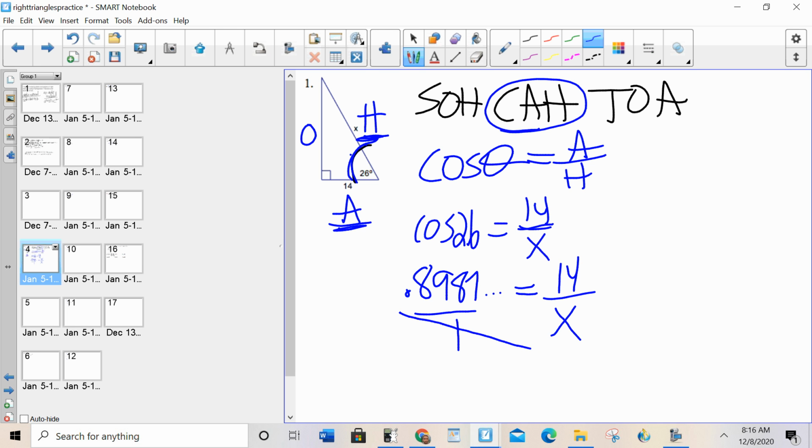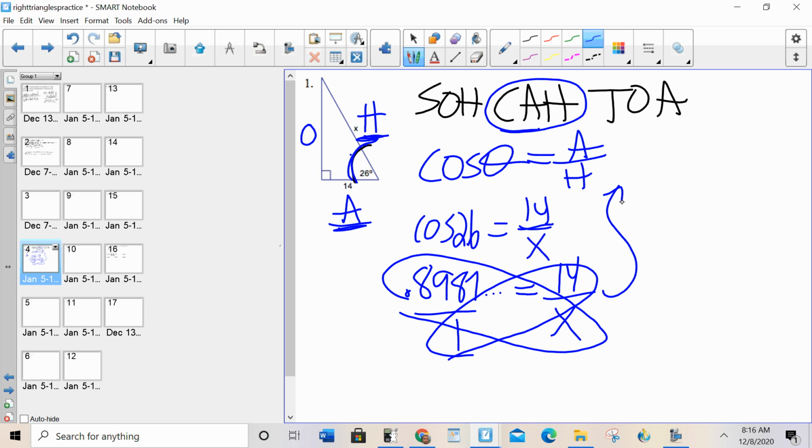And I'm going to cross multiply. That gives me 0.8987 x equals 14. From here, to get x by itself, I'm dividing.